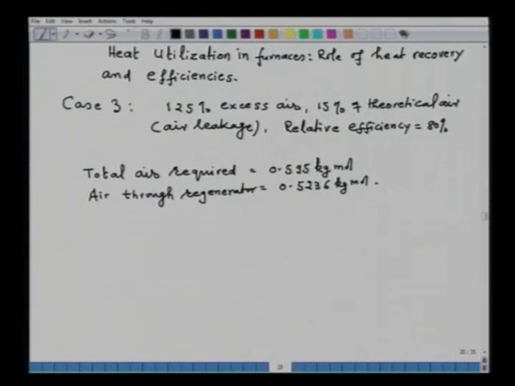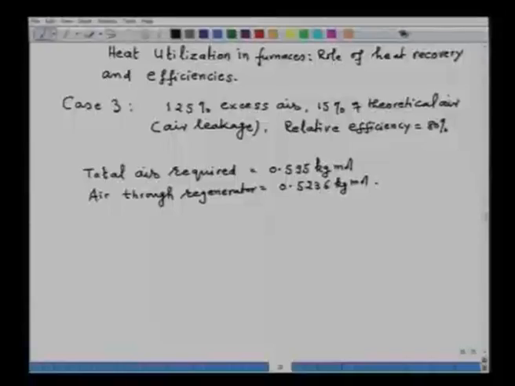Now mind you, the composition of the fuel is the same as in case 1 and case 2, and just for repetition I write down the composition of the fuel: 90% carbon and 10% hydrogen, as it was in the previous case.